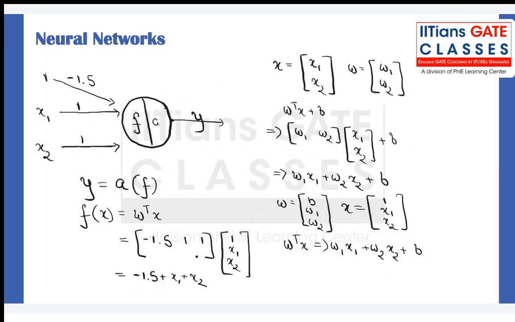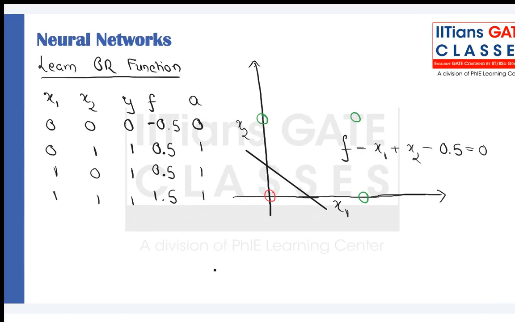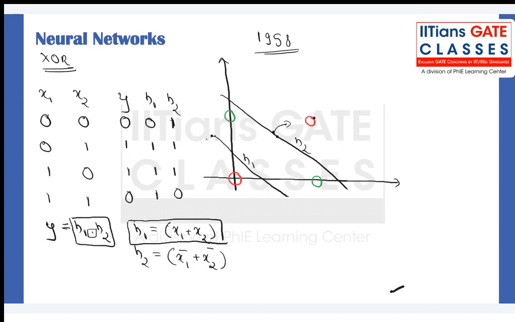It's linearly separable, the easiest thing that you can ever do. But when it comes to the XOR function, since it's not linearly separable, you need to estimate two functions and then combine the output of those two functions. And that is why you would have needed a hidden layer.